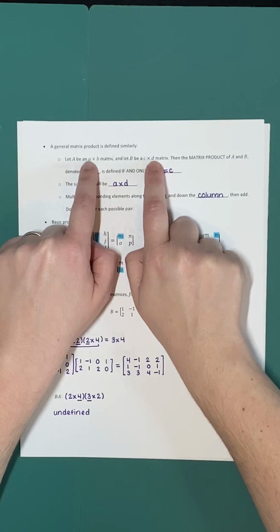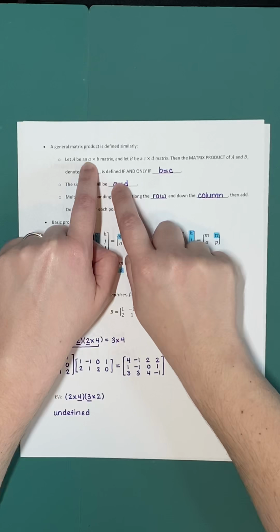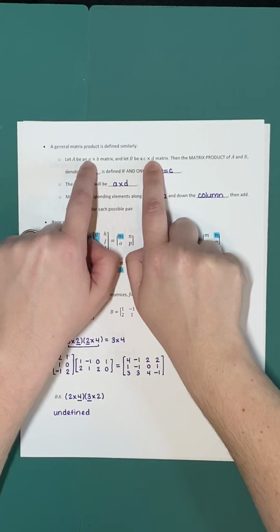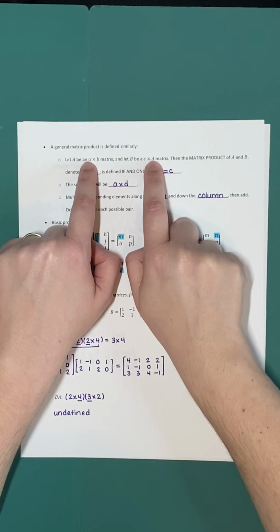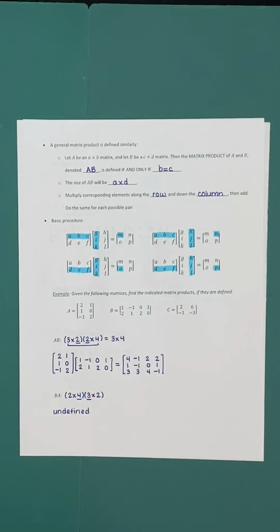The outer dimensions are actually going to be the dimensions of the answer. So it's going to be an A cross D matrix when we multiply. In other words, there's going to be A rows by D columns, and that's going to be the size of our resulting matrix. Notice that's probably not just going to be a single row, a single column. It's probably going to be multiple rows, multiple columns.